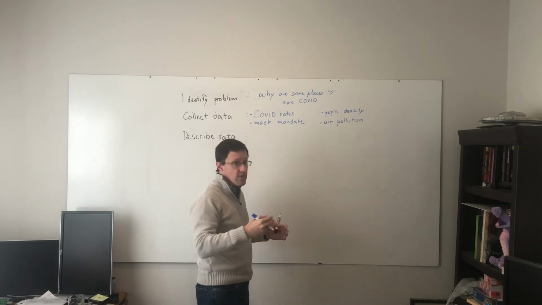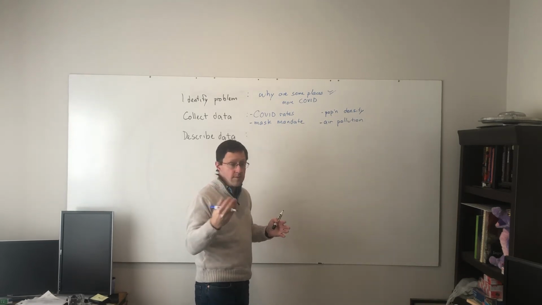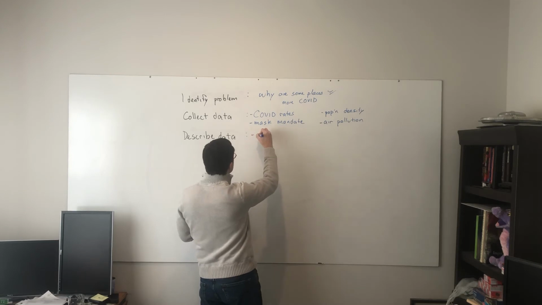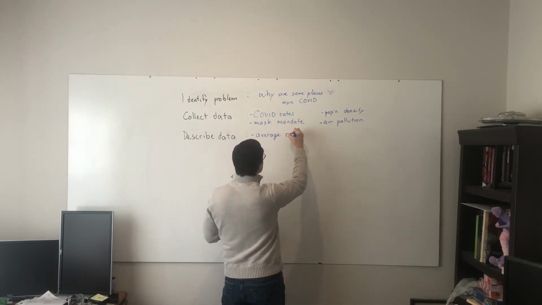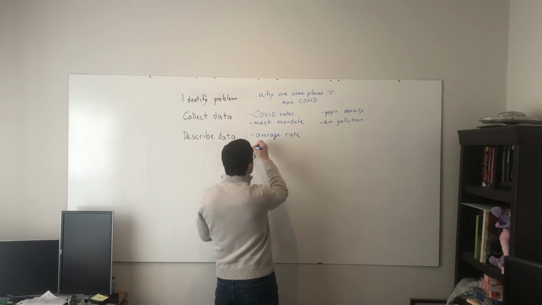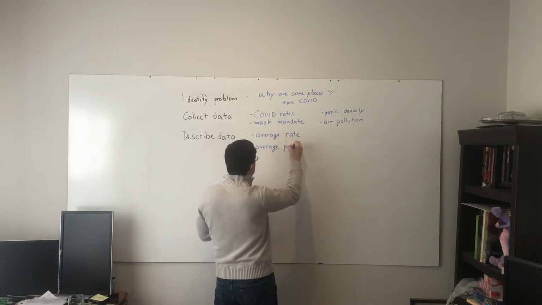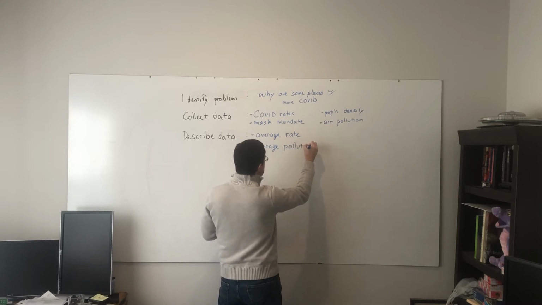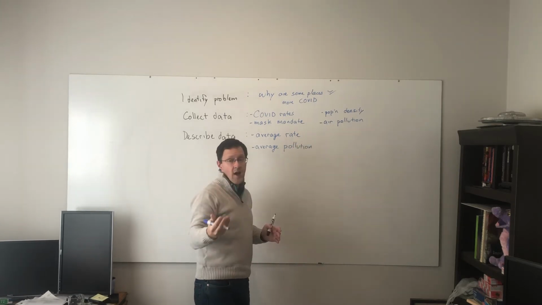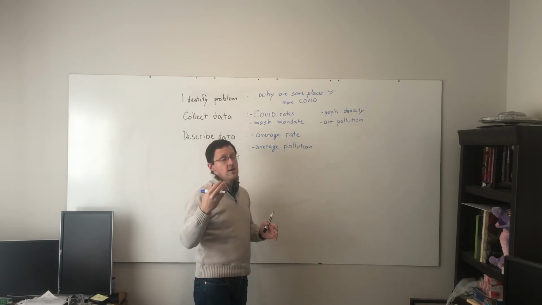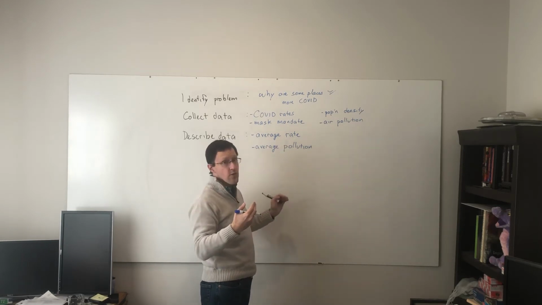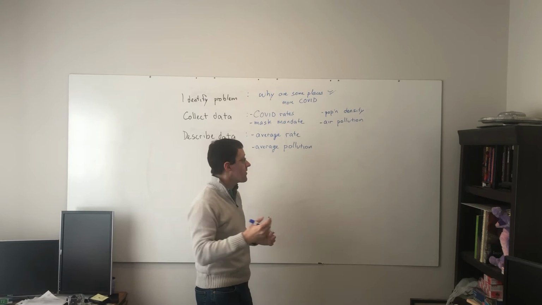This could take the form either numerically, so things like, okay, what is the average, or what is the variation in the COVID rate, in the pollution levels.